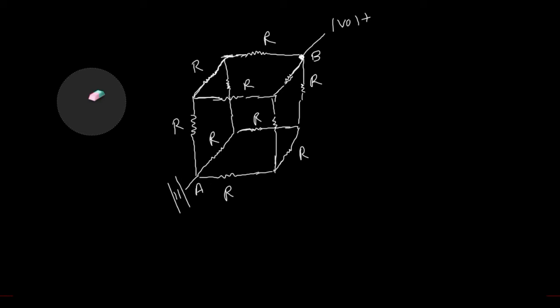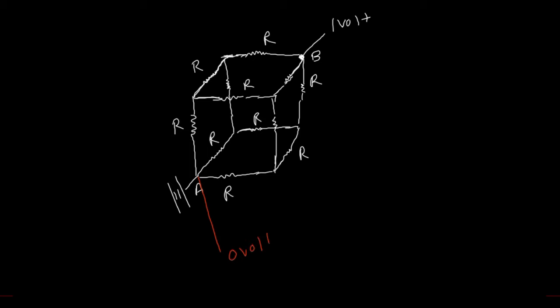So the point A is at 0 volts, and the point B is at 1 volt. So when the current starts, for example, this is a current which is I, and when the current reaches the point A, let's see the point A. It has 3 routes, and all the routes are identical. So this is I by 3 by symmetry.